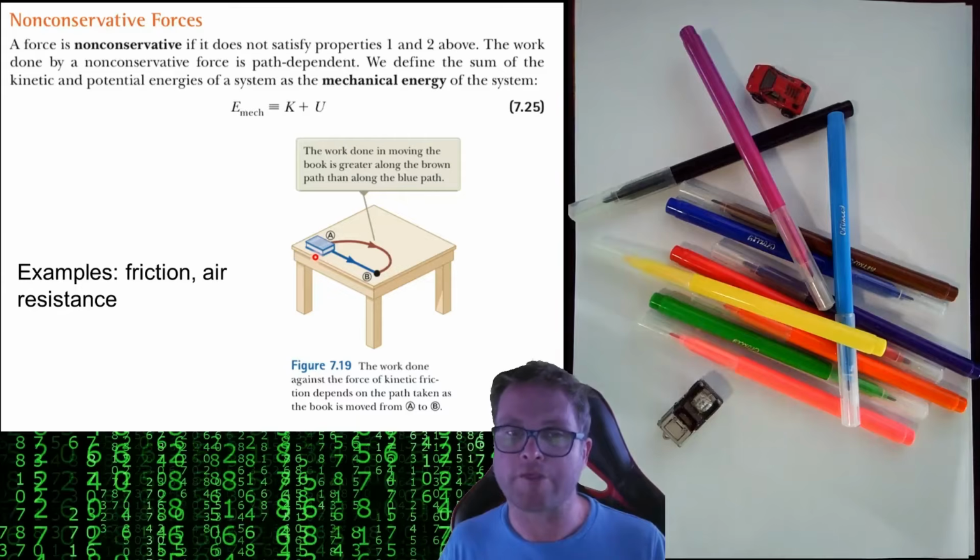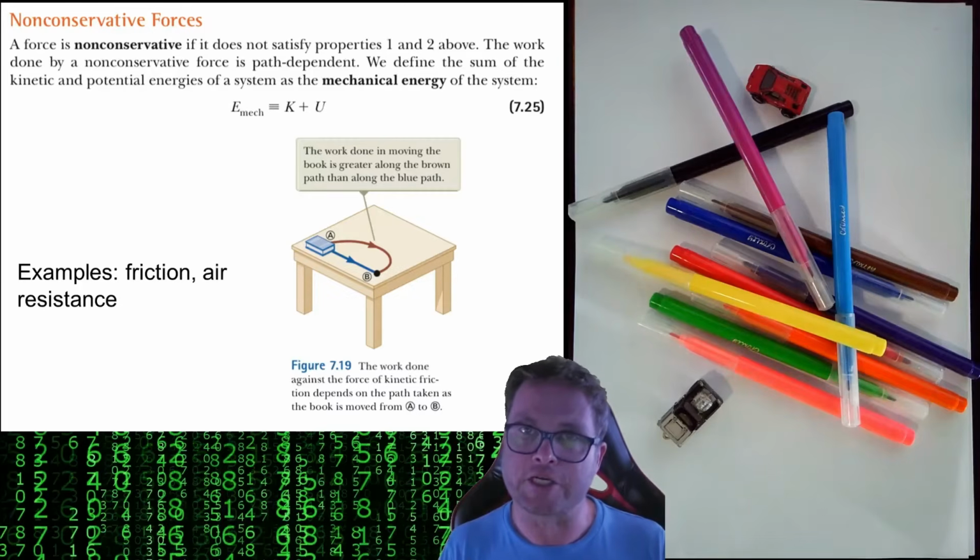The second path is a shorter, more direct path shown by the blue line. And in fact, because of friction, because of the non-conservative force, the work done in moving the book is greater along the brown path than along the blue path. So this wraps up the concept of non-conservative forces.